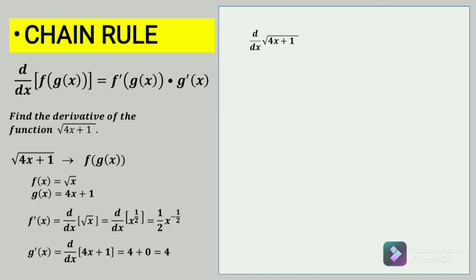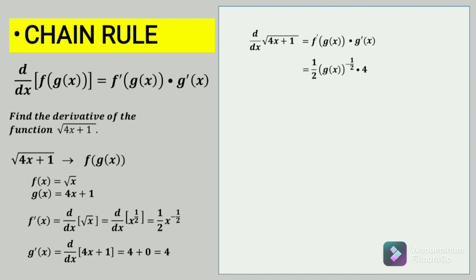Then let's apply the formula of the chain rule. So the derivative of square root of 4x plus 1 is equal to f prime of g of x times g prime of x. Then let's substitute.